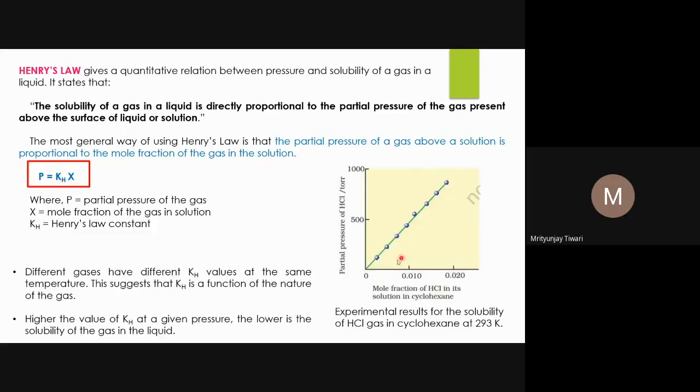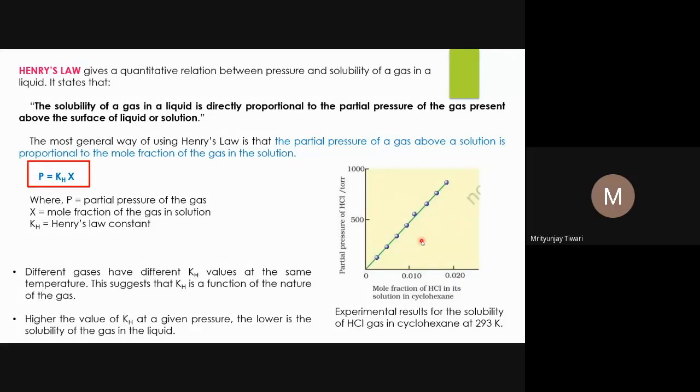If there is another graph that goes below, and someone asks which gas is more dissolved in water, or the solubility of which gas is more, you should find out based on the value of Kh. If the graph goes that way, it means the slope is less.